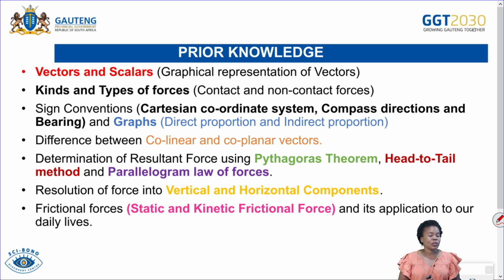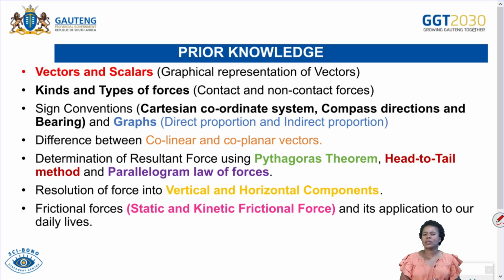By now we should be able to determine the resultant force by using various methods. That is your Pythagoras theorem, your head to tail method, your parallelogram law of forces. Okay, resolution of force into vertical and horizontal components.